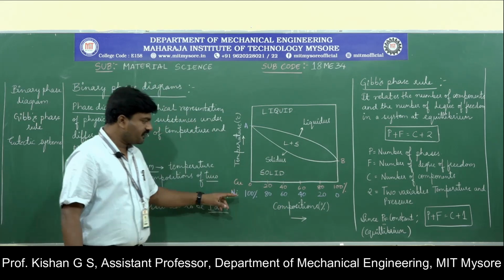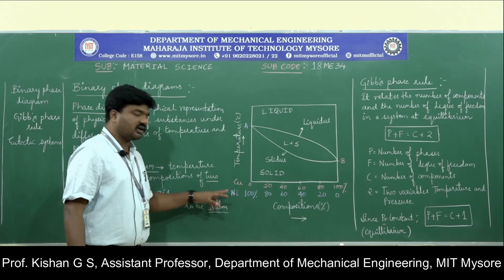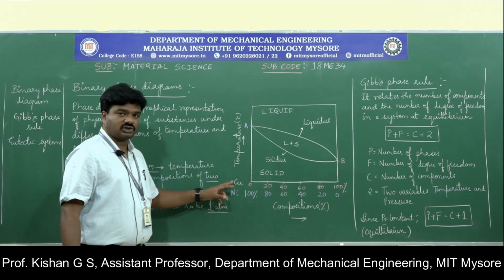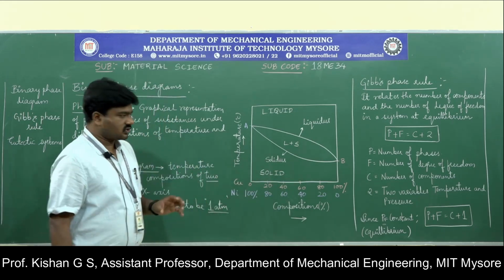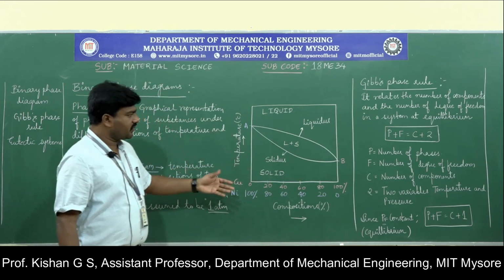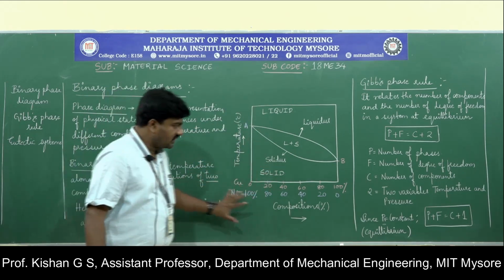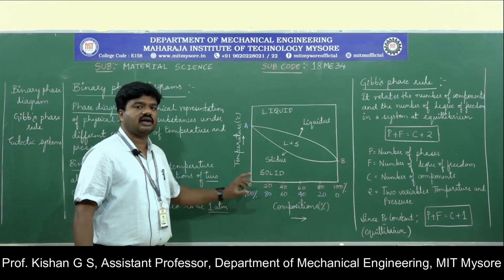Here you can observe we have represented the nickel and copper combination. Nickel is represented along the blue color line, whereas the combination of copper is represented along the pink color line. In this graphical representation, along the x-axis, we find the combination of material, that is nickel and copper.